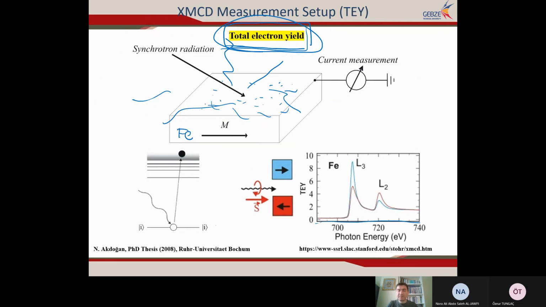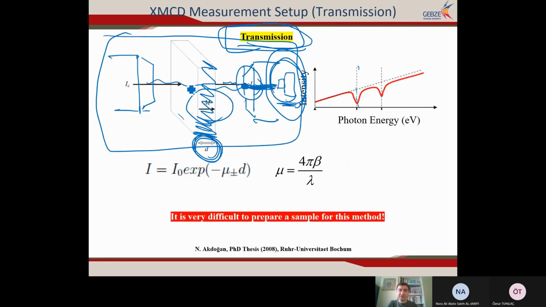Fluorescence yield experiments and total electron yield experiments can be done by using very thick samples. It doesn't matter because you measure the data from the surface, okay? But in case of transmission, you have to prepare very thin samples, and it is not so easy.